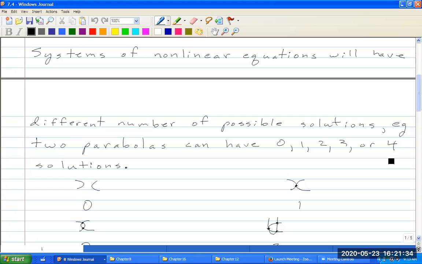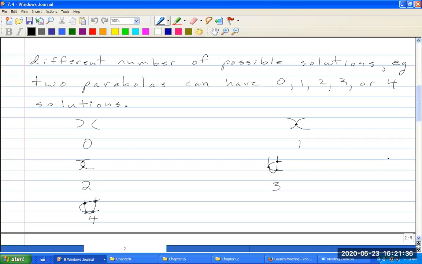If I look here, say I have these two parabolas, they can intersect at no places, so I have no intersections, or they can just intersect at one place, so there's one solution, or I can intersect at two places, two solutions, or even three places, three solutions, or in this case, 4 different places, so 4 solutions. And that's really about it.